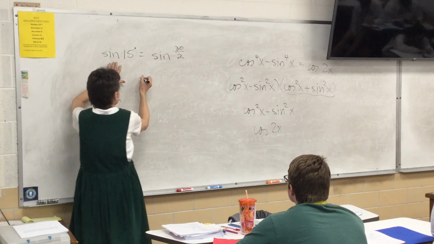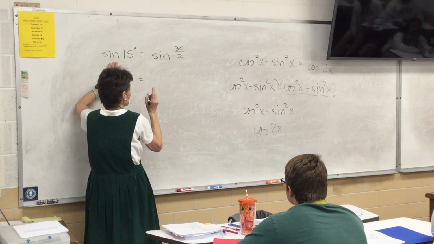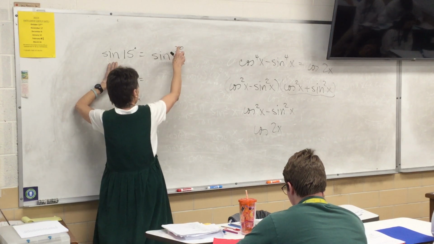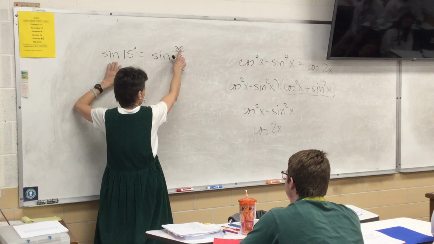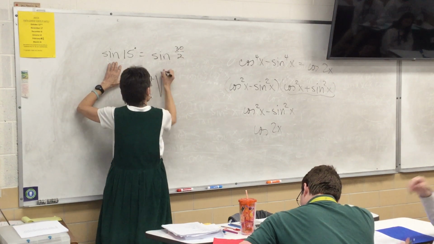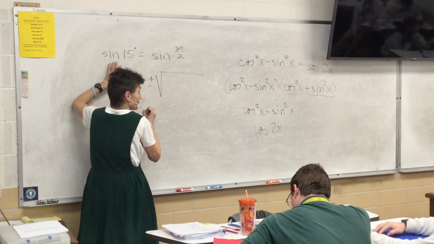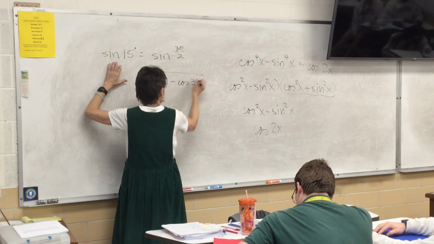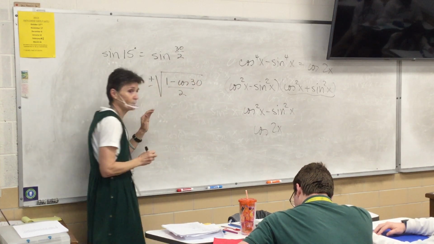So now I'm going to use my half angle sine formula, and theta, or x, whatever variable I used, is 30. So plus or minus the square root of 1 minus the cosine of 30 over 2. Everybody see what I did?